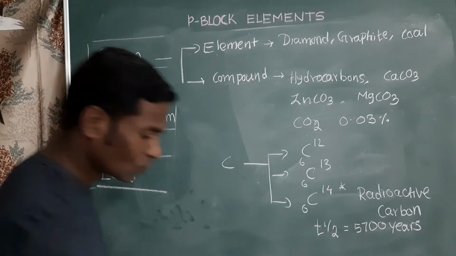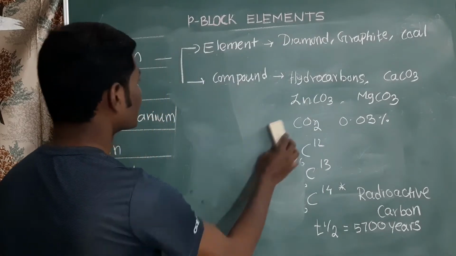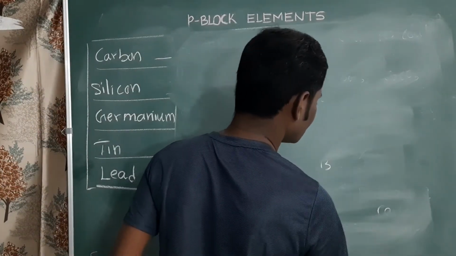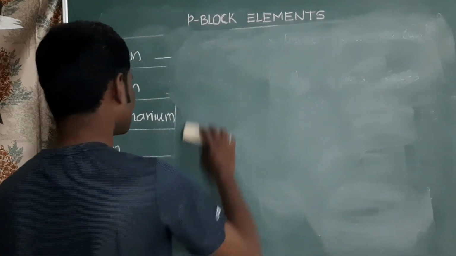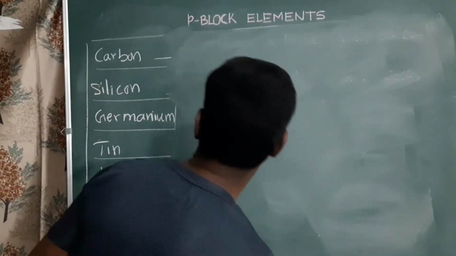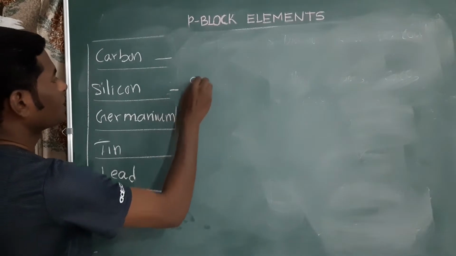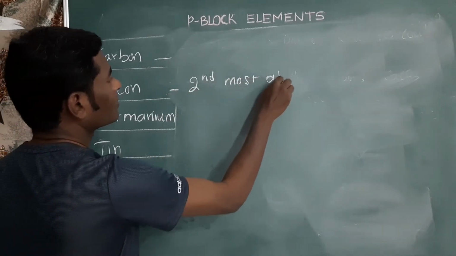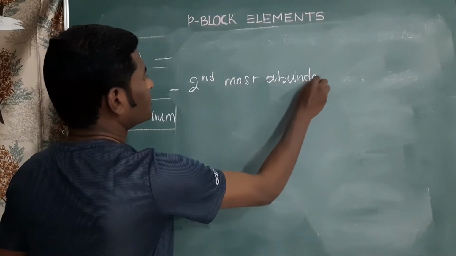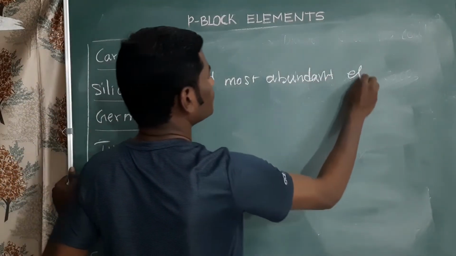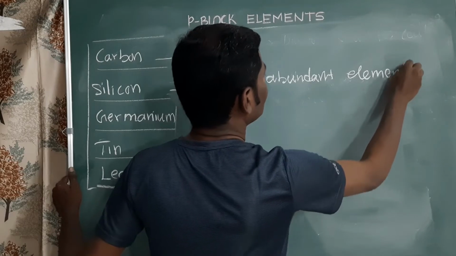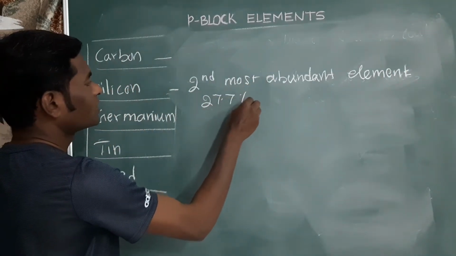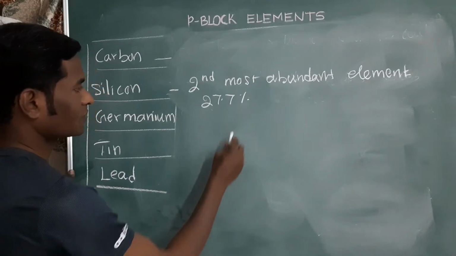Next element in group 14 is silicon. Silicon is the second most abundant element in the earth crust after oxygen. Oxygen is the most abundant element. Percentage of silicon is 27.7% by mass in the earth crust.